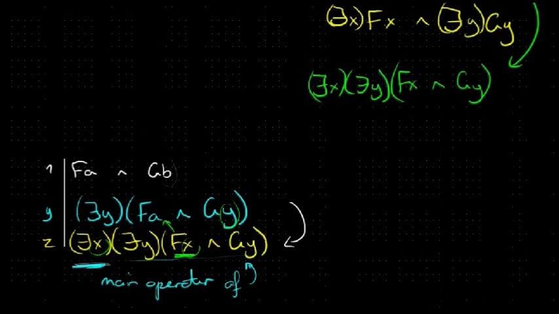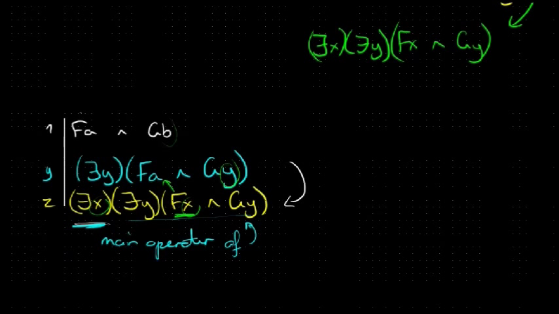So notice that if we were going through this, let's add some lines of inference, some justifications. This was a premise, FA and GB, and we applied the existential introduction rule to line 1 first.